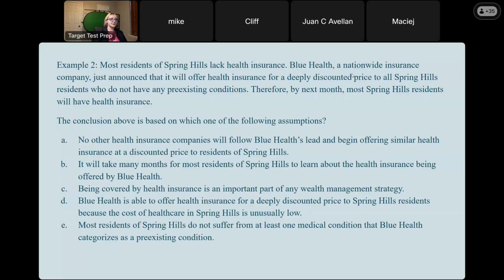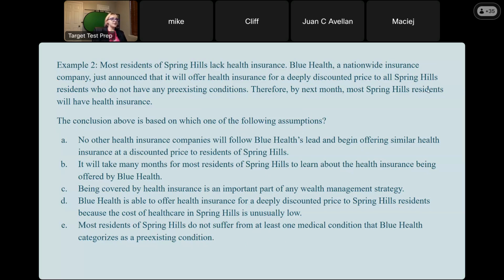Justifying it isn't necessary, but that is a great reason to line out your conclusions and your premises in your notebook just so you can keep everything straight. And then E, most residents of Spring Hills do not suffer from at least one medical condition that Blue Health categorizes as a pre-existing condition. So it specifies that they will not be giving health insurance to people who do have pre-existing conditions, and the conclusion does not include that caveat.